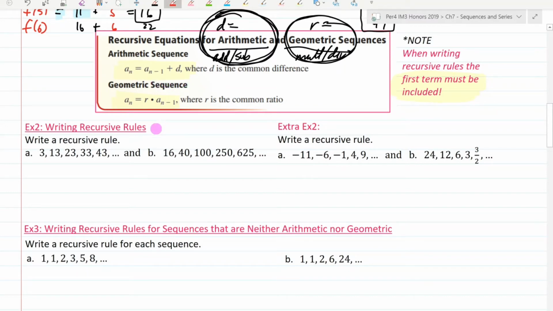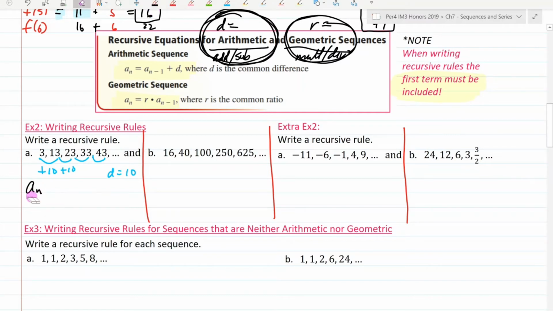So there's 4 problems here. I'm going to do 2, and you're going to do 2, and then come and check. So for this one, they're adding 10 over and over and over again. So the common difference is 10. So when you do this problem, you just have to say that the first term is 3.